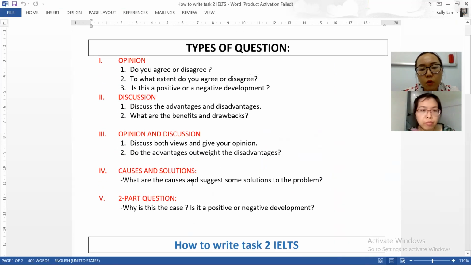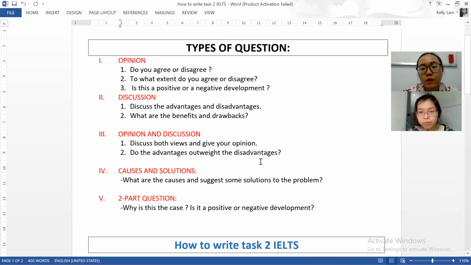And the fourth type is causes and solutions. So what are the causes? And you have to suggest some solutions to the problem. This is pretty easy, but while explaining the causes, it's okay. But when you suggest some solutions, you have to make sure that you are in control of a degree of certainty.